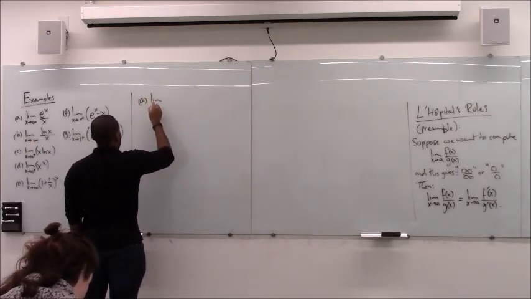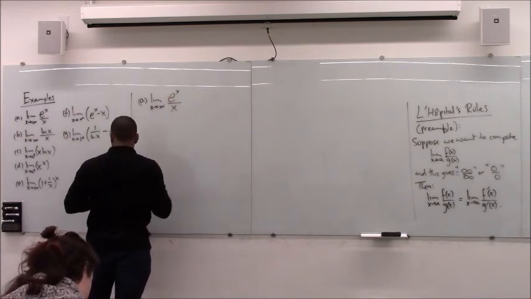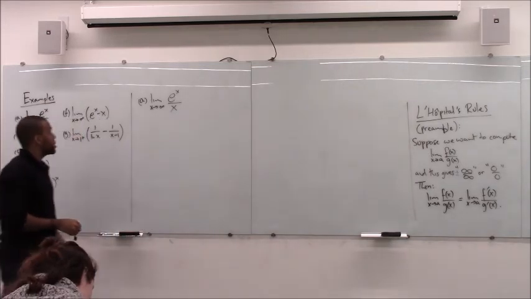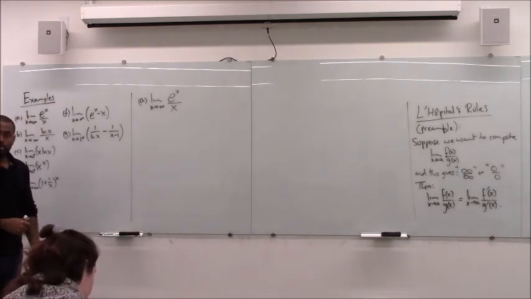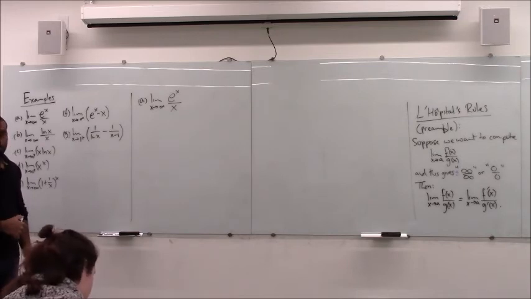The limit as x approaches infinity of e to the x over x. What do you expect that answer to be? Just infinity? Why? Because e to the x is greater than x.